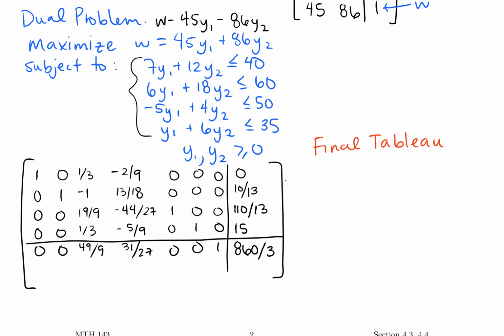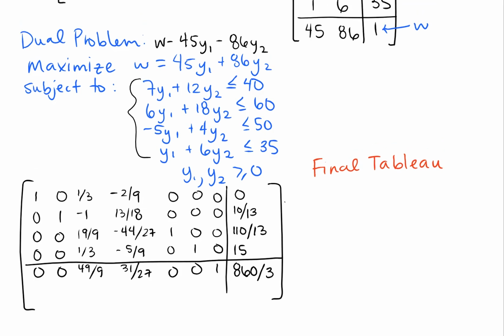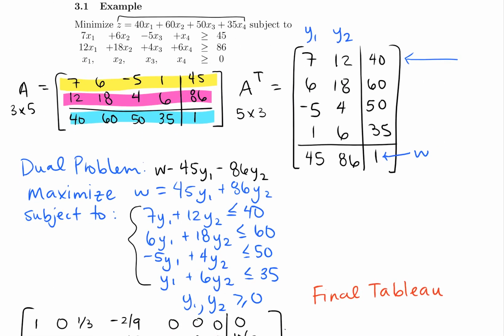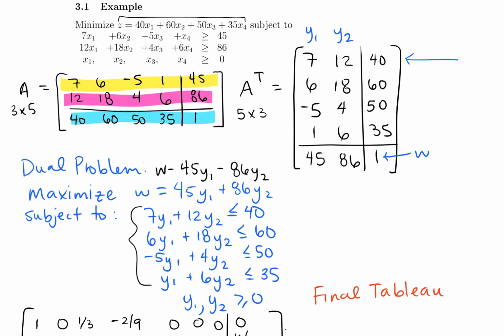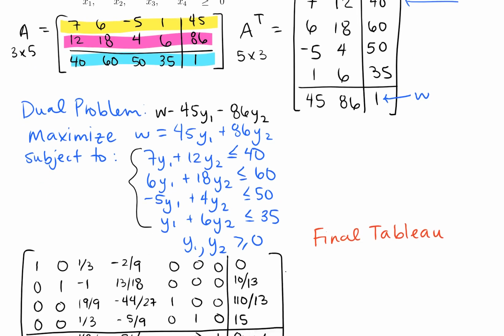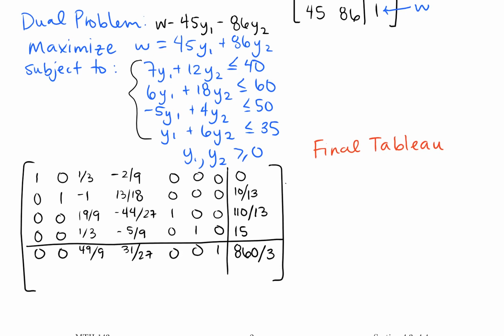Remember, the original problem. This does give us a solution to the dual, but the question that we're really trying to answer is, what is the minimum of the original objective function? And our theorem tells us that the minimum value of the original function and the maximum value of the dual are going to be the same. And so we can determine everything we need to know for the original problem from the final row of our final tableau.